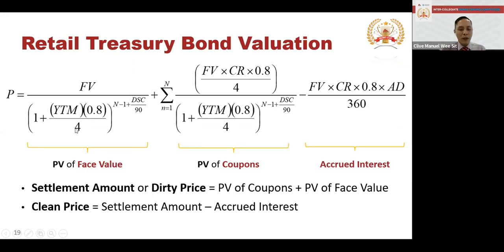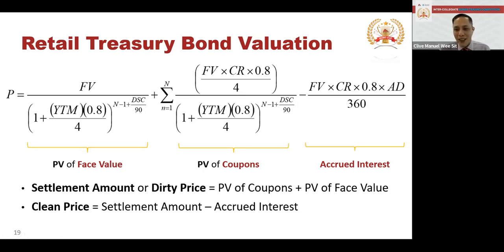What else is different from this formula? Your exponent, when you adjust the remaining term to maturity of your cash flows, you use 90 as your denominator here because there are only 90 days for each cash flow payment period. Okay? But everything else is the same.